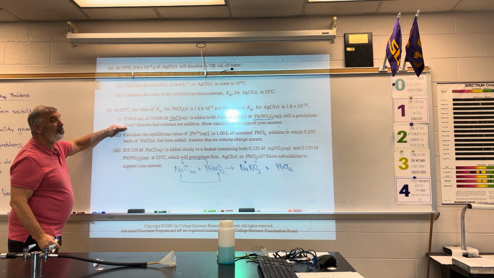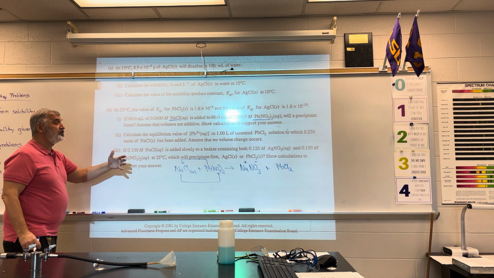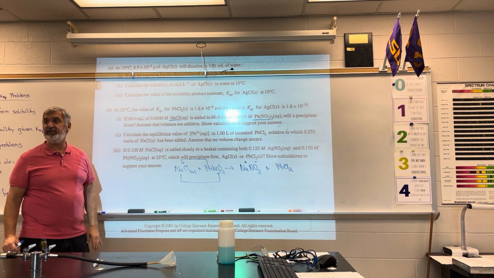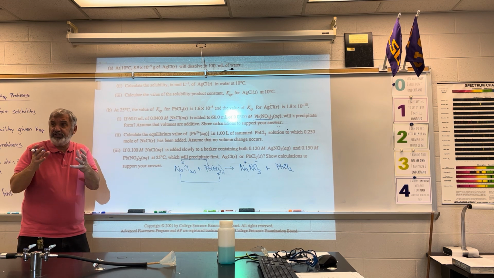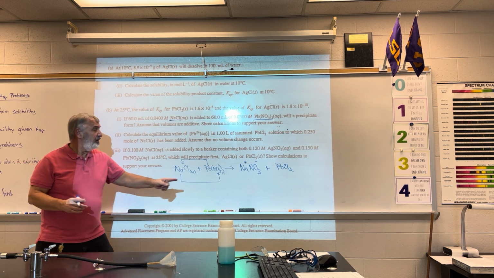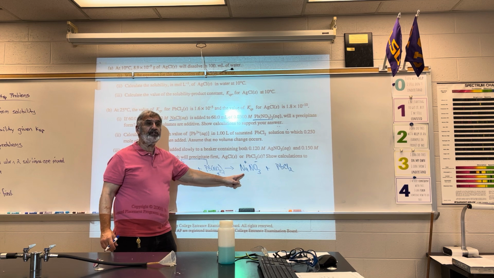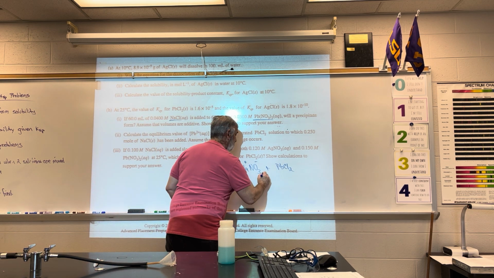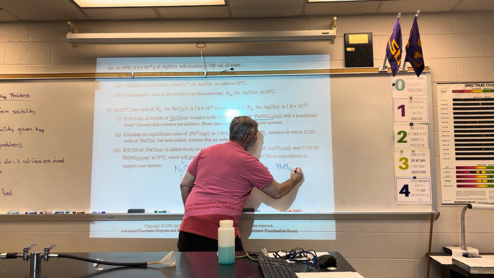Now, it's asking, will a precipitate form? Well, first off, which one of those two even has the possibility of being a precipitate? PbCl2. We know this for several different reasons. Number one, what do I know about all alkali metals and all nitrates? Always soluble, always aqueous, which tells me that this one must be the solid.